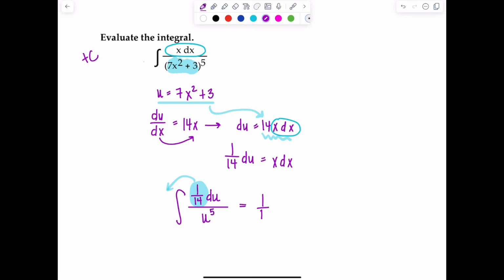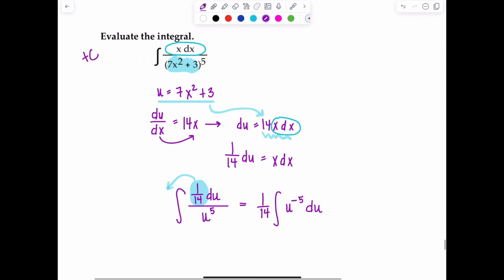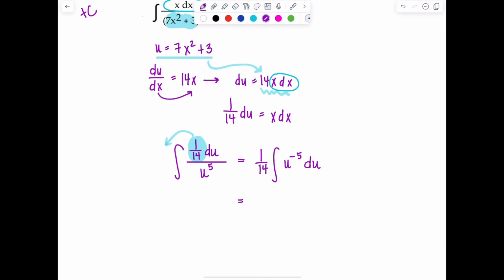Now let's proceed. So anytime I have an extra constant like this, I like to take it outside so it's not bothering me. It's out of the way. So 1/14. And then I know I'm going to have to take an antiderivative. So that u to the 5th in the bottom, I need it as u to the negative 5th. Okay? What's our rule? Add 1 to the exponent, divide by the new exponent. So add 1.